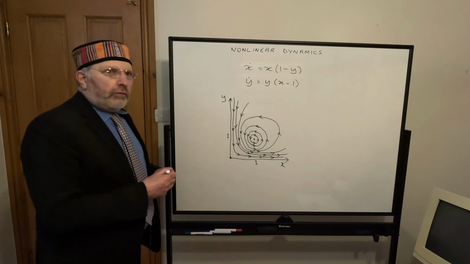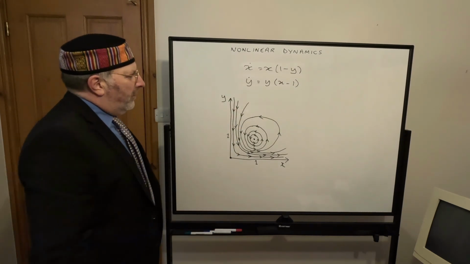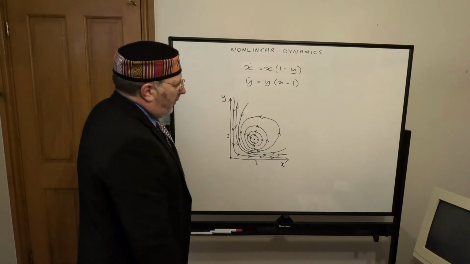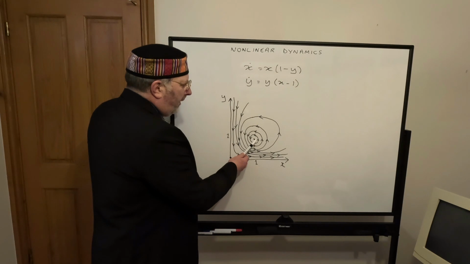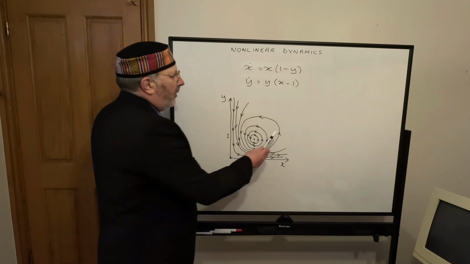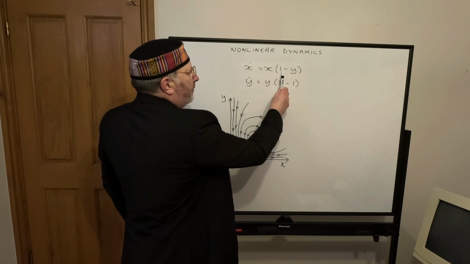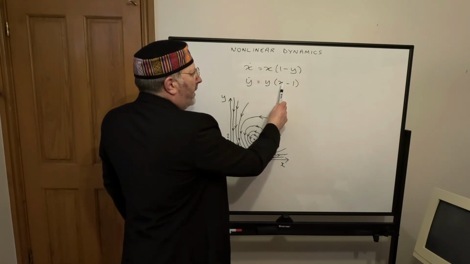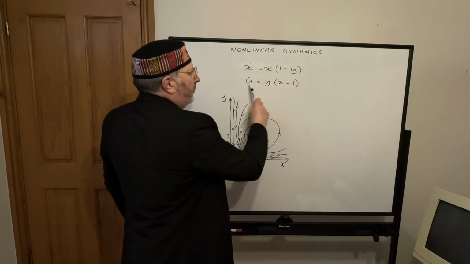Okay, so this is what the phase space looks like for the Lotka-Volterra equations. So we have two fixed points. At 1, 1: when y equals 1, 1 minus y is 0, making the whole thing 0. And when x is 1, this is 0.